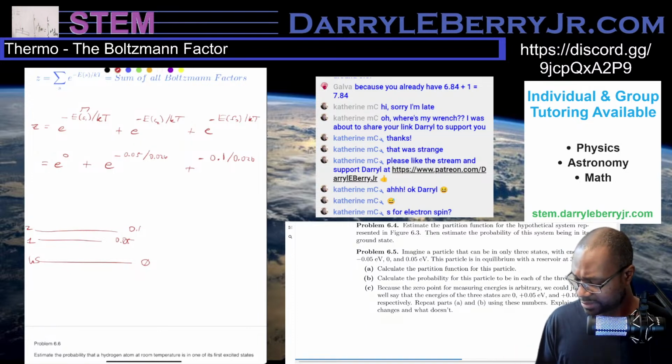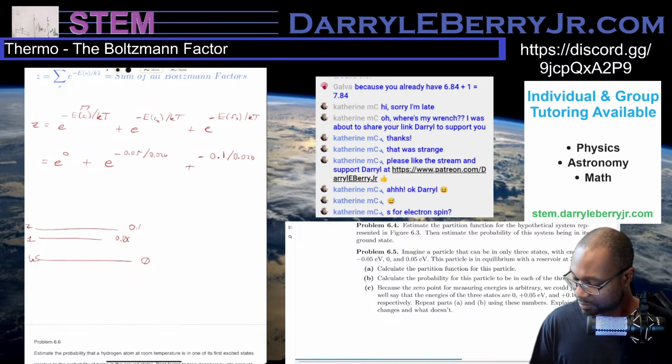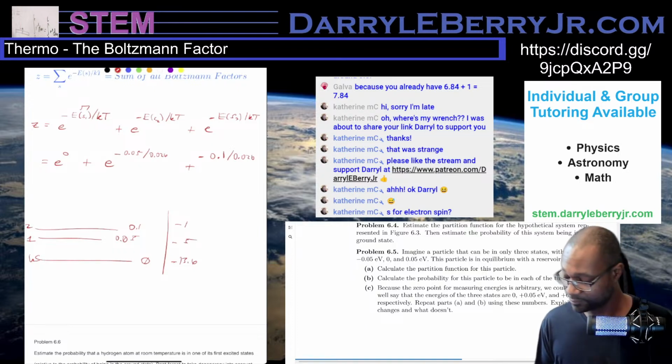I'm going to be confused myself about the energy states because normally it starts negative, like I was saying before, it would be negative 13.6, and then negative 5, let's say, or whatever it'll be, and then negative 1, let's say.